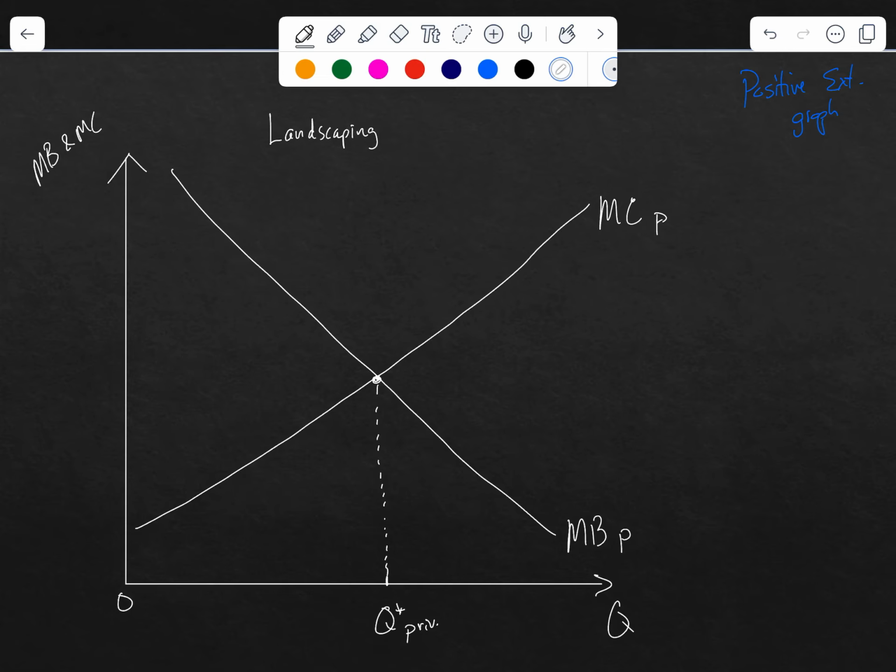And so if we add those external benefits in here and we say, all right, yeah, most of the benefits of landscaping accrue to the individual homeowner, but there are external benefits, then there will be a marginal benefit social curve that is above the private one, right?